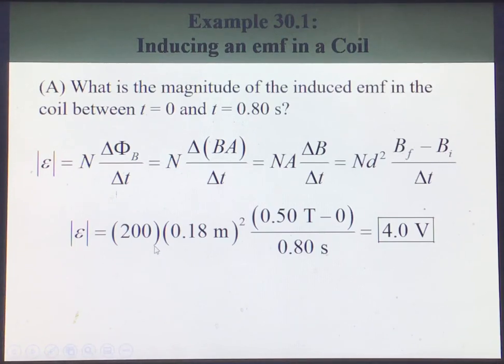The magnitude of the induced EMF is going to be 4.0 volts. Notice that this EMF is produced because the magnetic field is changing. It's not constant. It's this changing effect of the magnetic field that is responsible for inducing a voltage, an EMF.